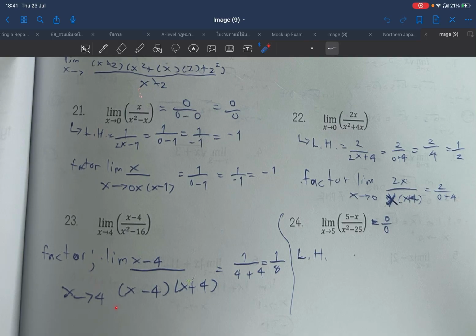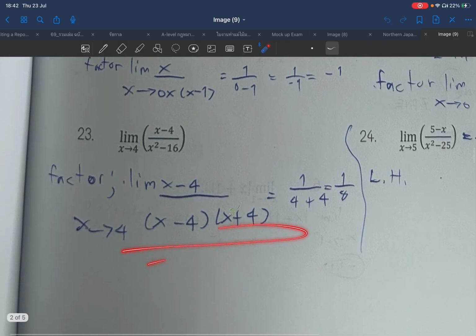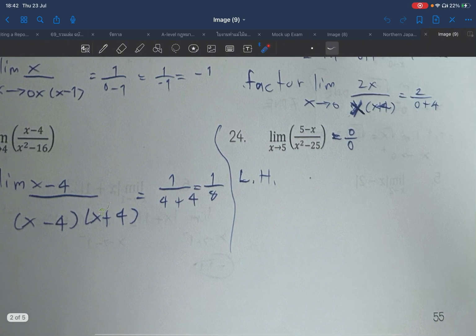Why? Because here we have to minus the 16 with x power 2. We should get these 4. With that, we would get 1 over 4 plus 4 equals 1 over 8.